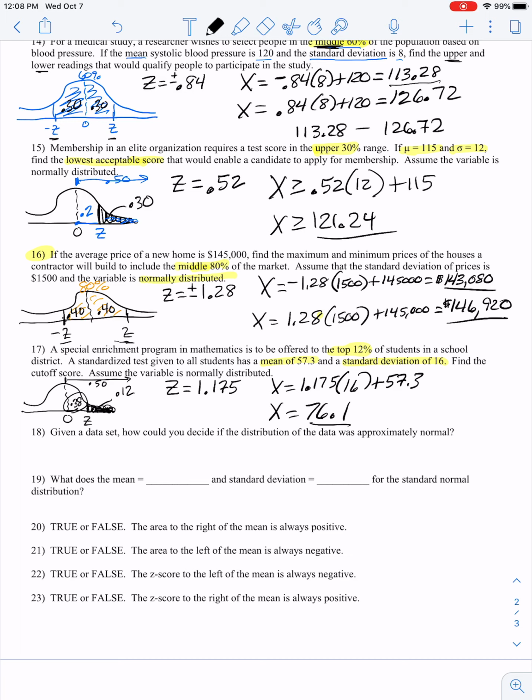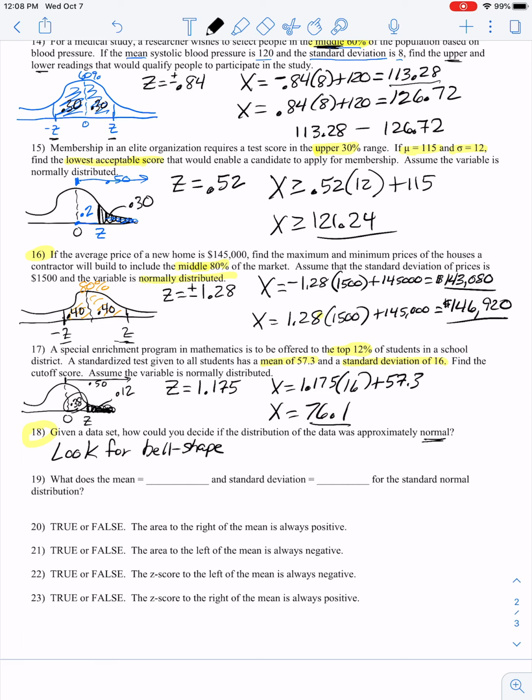Okay, might as well answer these little questions here at the bottom. Why not? So 18: given a data set, how could you decide if the distribution of the data was approximately normal? Okay, well, what's that mean to you? I'm hopeful you're thinking, look for a bell shape.